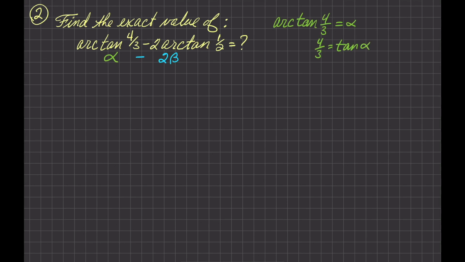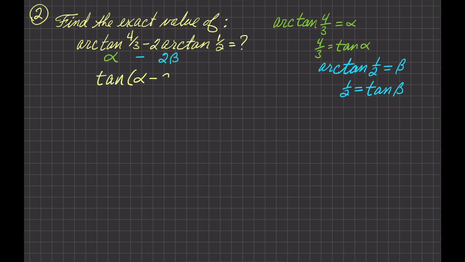And over here, the arctan of 1/2 is going to give us some kind of angle measure. And we're going to apply the tangent function to both sides and say that 1/2 is equal to the tangent of beta.